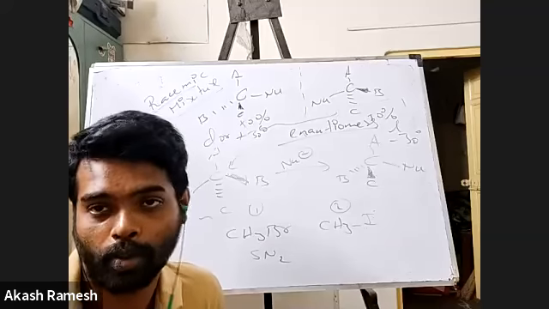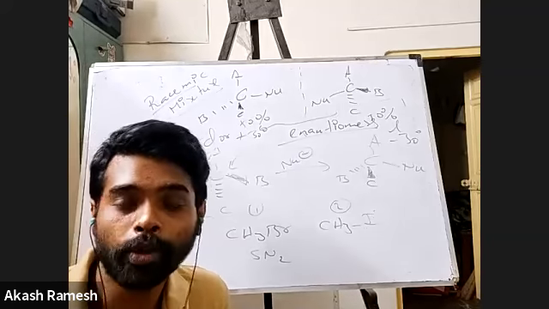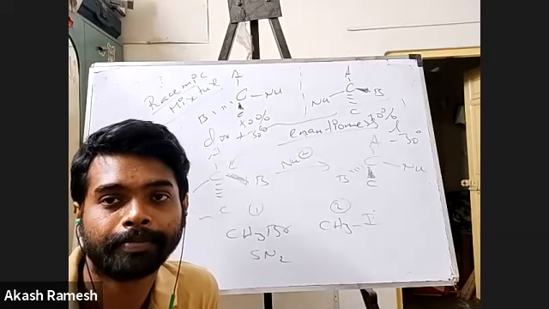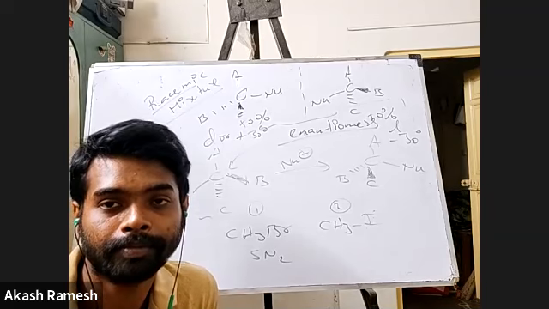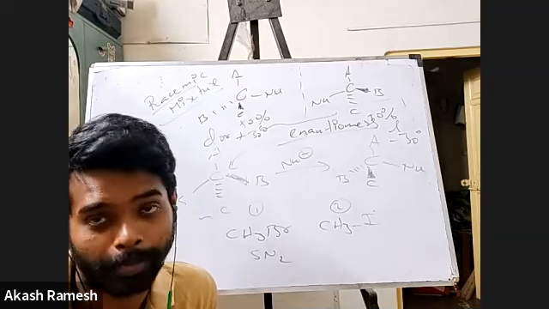Anybody wants to elaborate on why 2 is more reactive? You may or may not be sure of the reasoning, but I think it's because the size of iodine is bigger when compared to bromine.